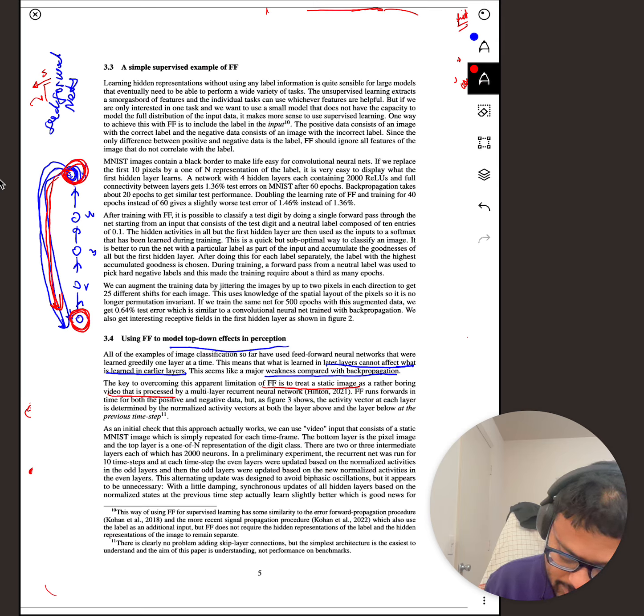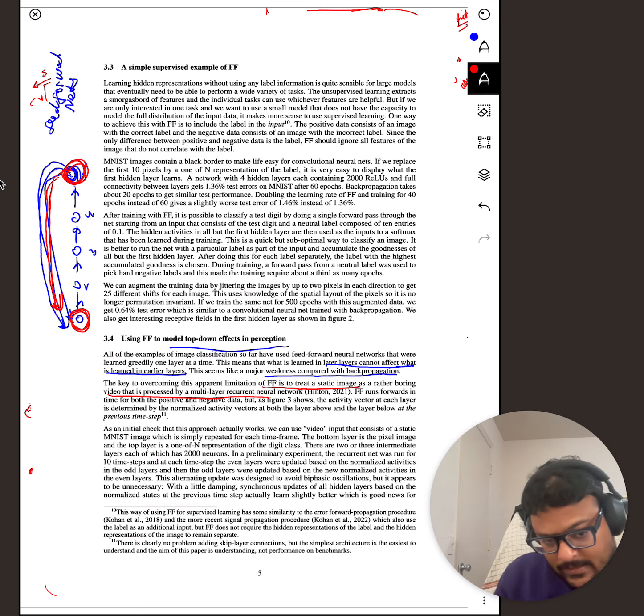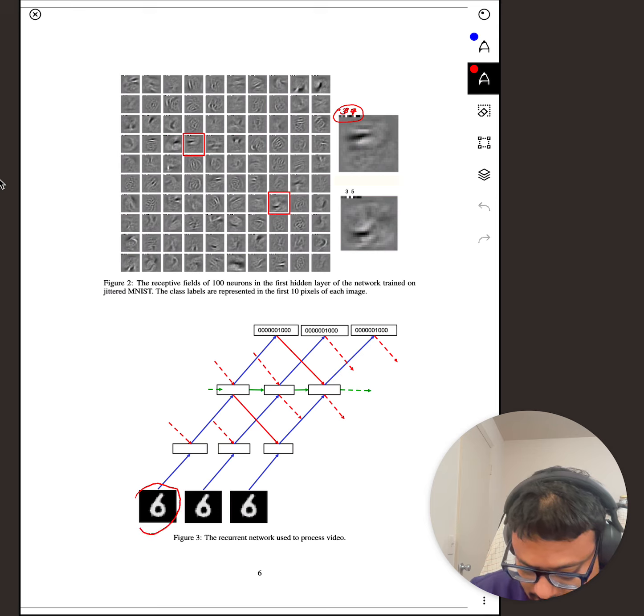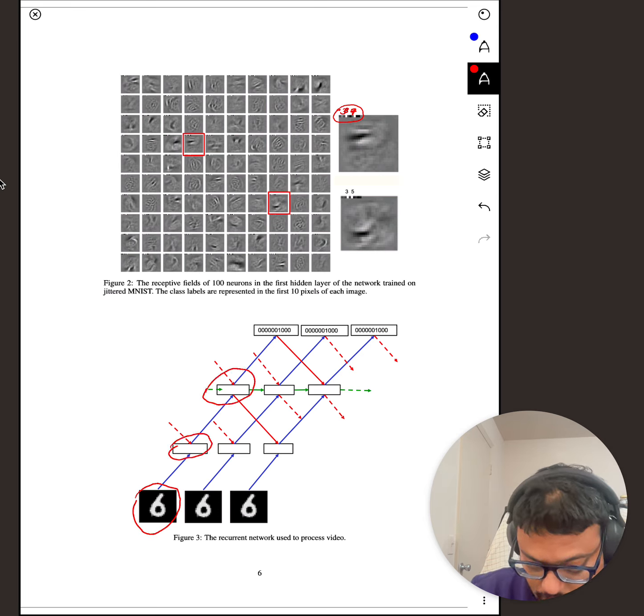Okay, so he is trying to show that this is not a problem in forward, and that the later layer can still affect the earlier layer in a forward type of algorithm in the following way. Let's say you have this image of a 6, and a network which just consists of two layers, layer 1 and layer 2.